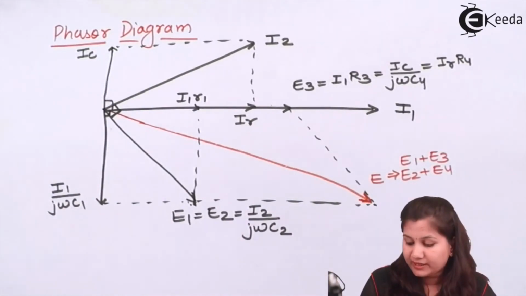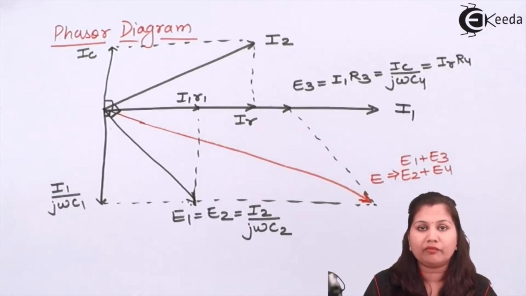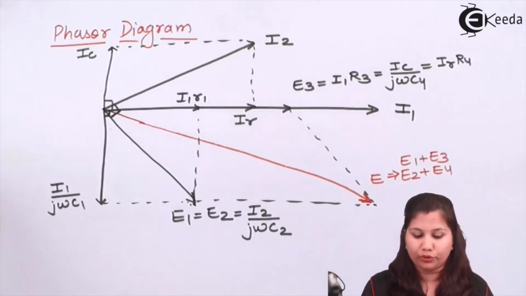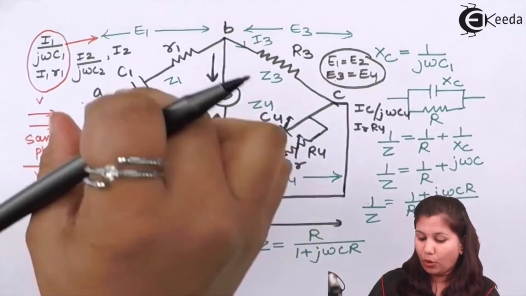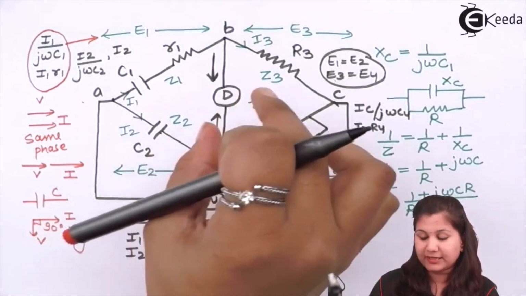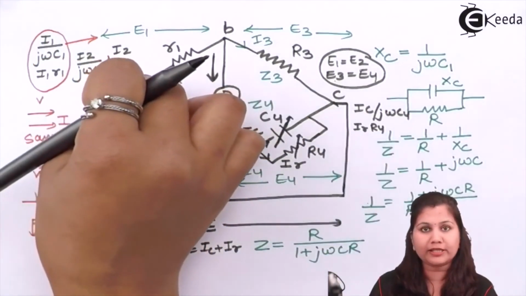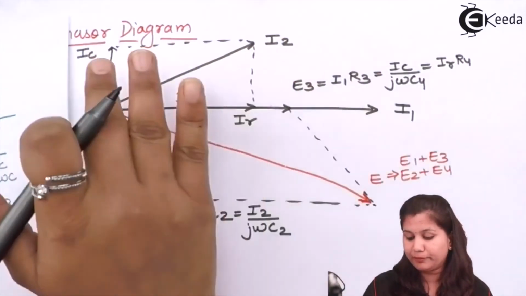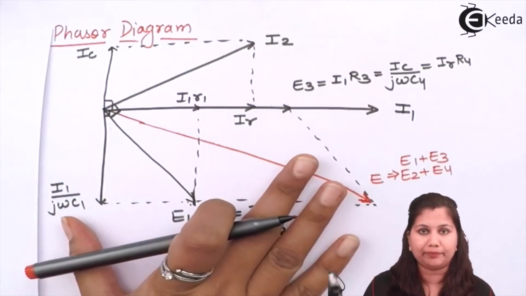So this is the phasor diagram of the Schering bridge, in which the relationship between the phasors of the currents and voltages across each element present in the network is shown. You can see we have considered all the capacitors and resistances, the voltage drop across them and the current across them, and we have drawn their relationship in this phasor diagram.